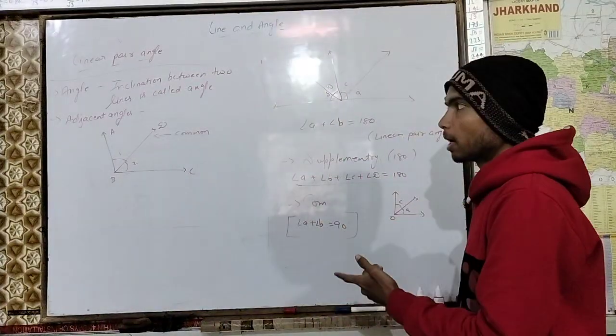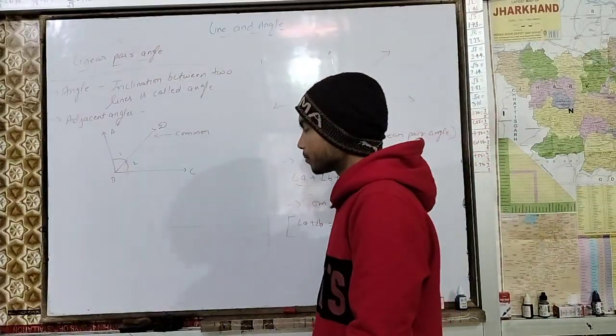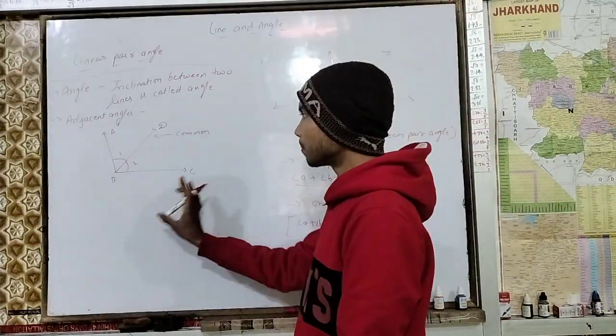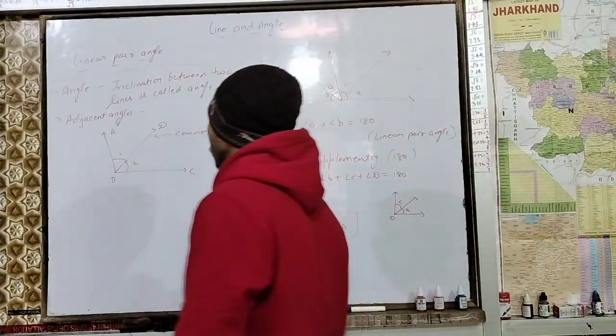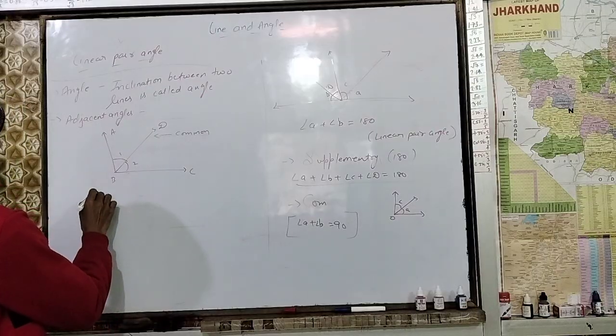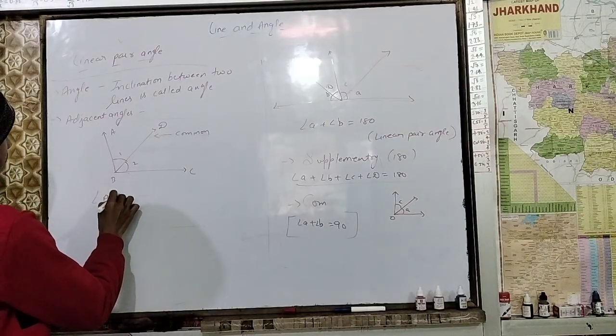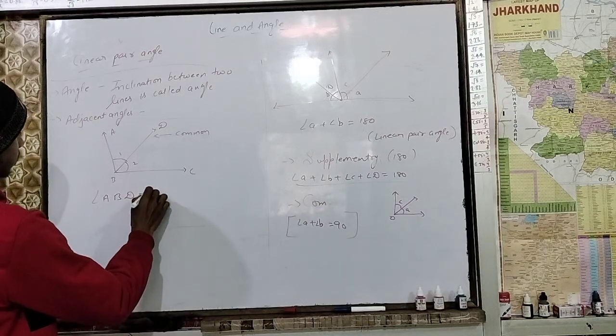BD is also a part of AB. That's why it is common. Can you write like this? Angle ABD is 1, let's say angle 1.